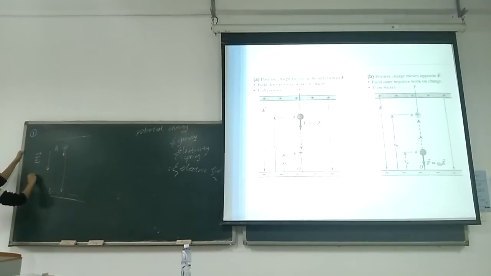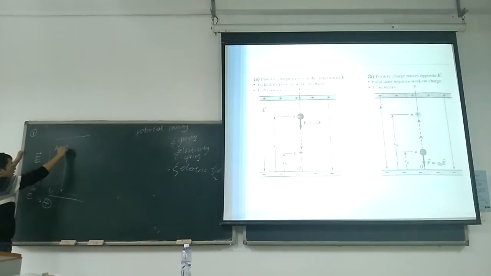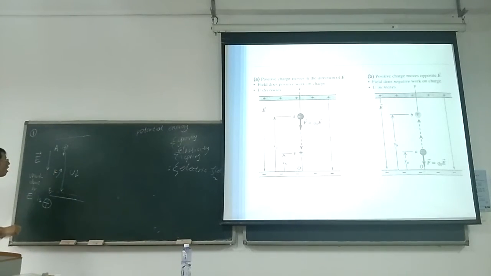Therefore, the work done by the electric field is positive. The energy at this point is increased all the way from A to B, the potential energy is decreased, and the kinetic energy is increased.